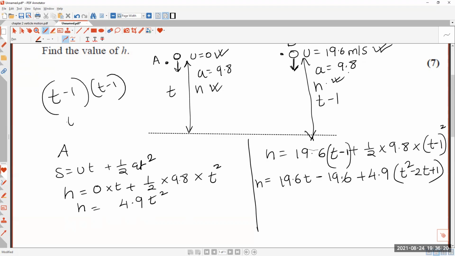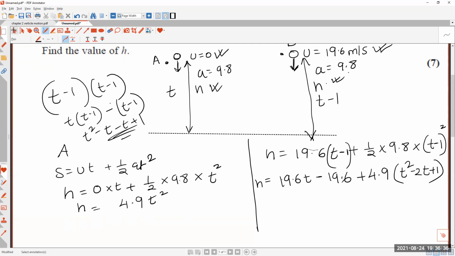If you want you can write it like this, t minus 1 minus 1 times t minus 1. So what will it be? t square minus t minus t plus 1, so minus 2t. Can you see t square minus 2t plus 1? Is this clear?